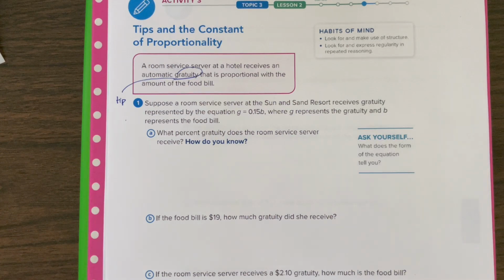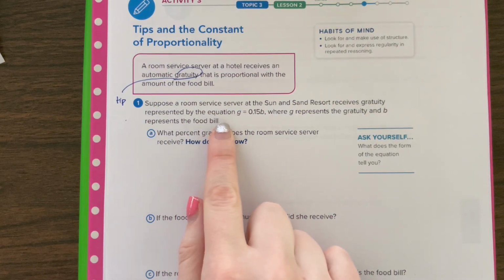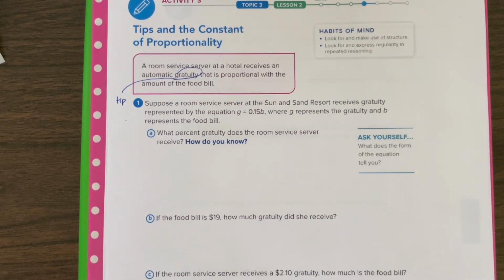So it's what we've been talking about. We're going to suppose a room service server at the Sun and Sand Resort receives gratuity represented by the equation G equals 0.15B, where G represents the gratuity and B represents the food bill. So part A, what percent gratuity does the room service server receive and how do you know?